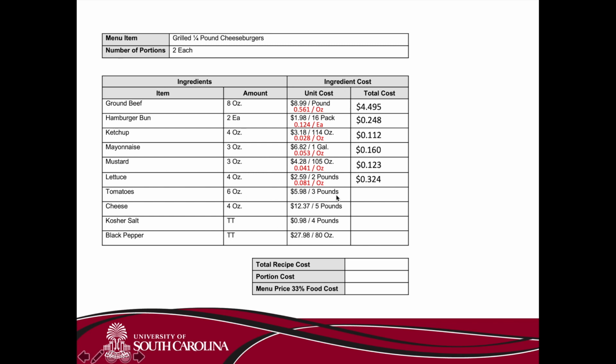Same thing, ounces in pounds, 3 pounds. So we figure how many ounces are in 1 pound, and then we said how many are in 2. That's 36. And then how many are in 3, right? And then we're going to divide that by $5.98. Okay.